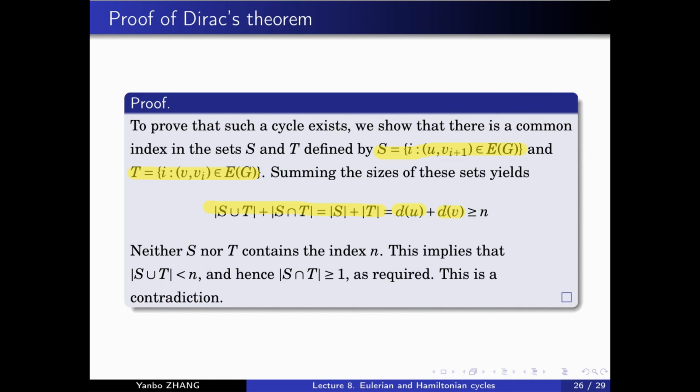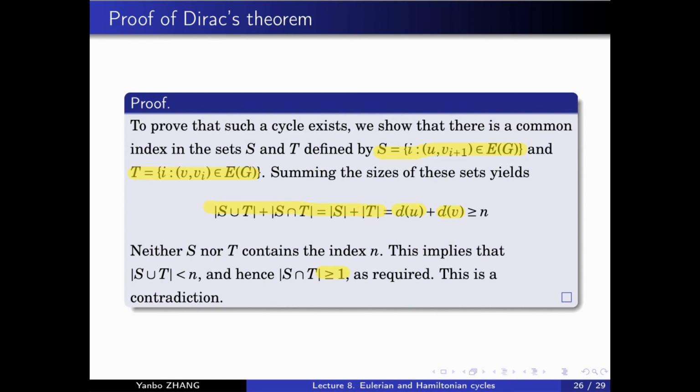Because v and vn are the same vertex, neither S nor T contains the index n. This implies that size of S union T is less than n, and hence size of S intersection T is greater than or equal to 1, as required. So we can find a Hamilton cycle in a maximal non-Hamilton graph.